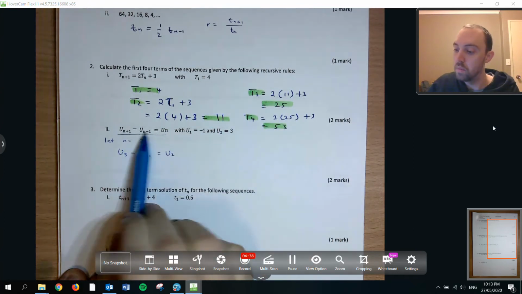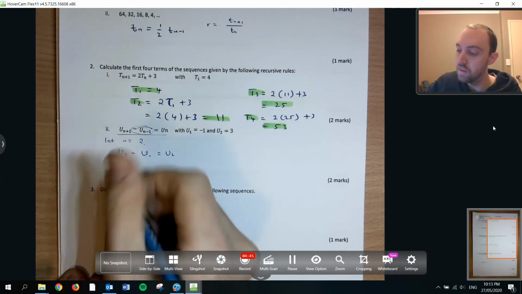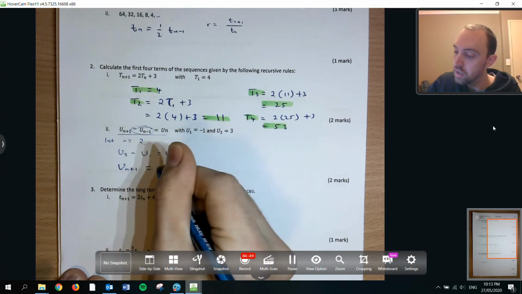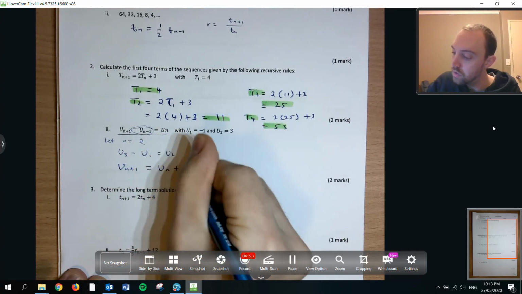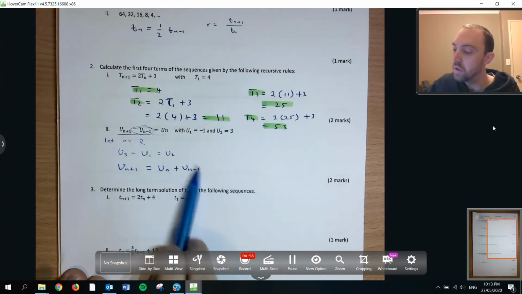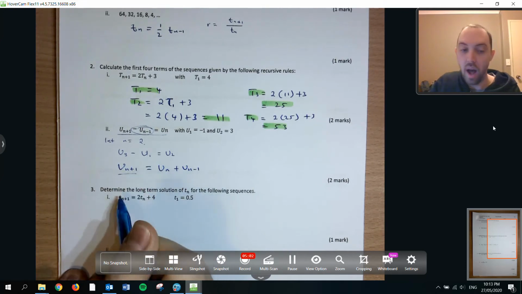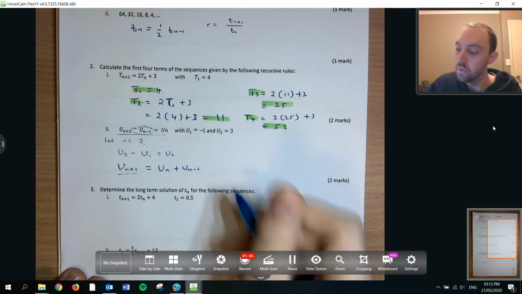So this term in the middle is too different than the next one. So it might be easier if I do my rule as un plus 1 is equal to un plus un take 1. I've just added un take 1 to both sides so that I have the highest numbered term on the left-hand side by itself, making my rules a little bit easier.